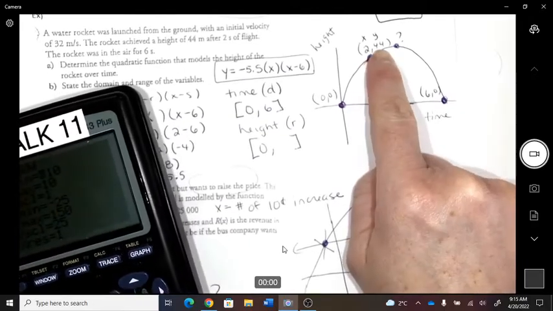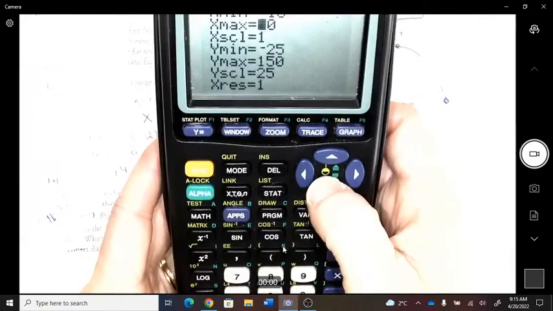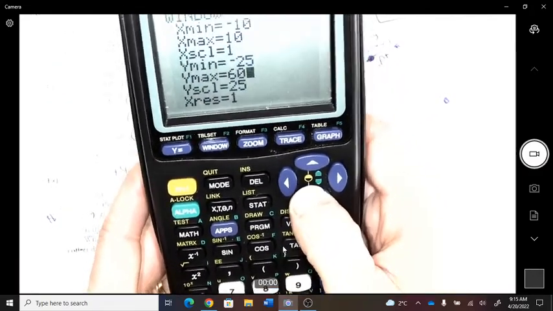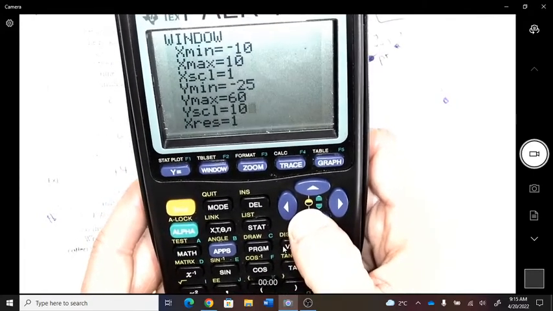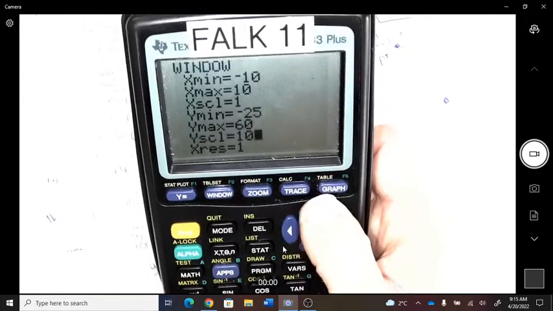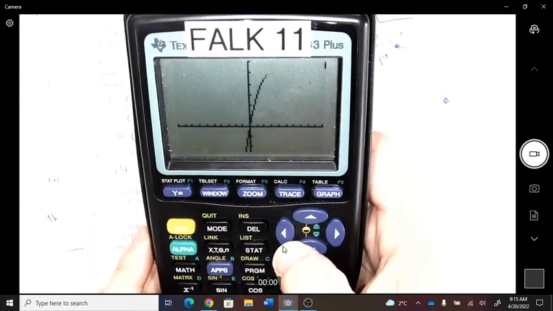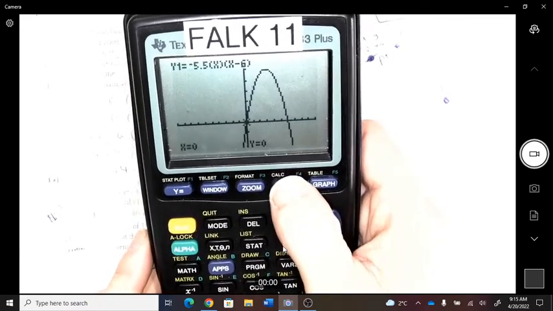So if this was a height of 44, what do we kind of want as our max height? Maybe 60? I'm going to go up by a scale of 10 on the height. I don't know, we just graph it and we see if it works. Yep, I think it's pretty good.